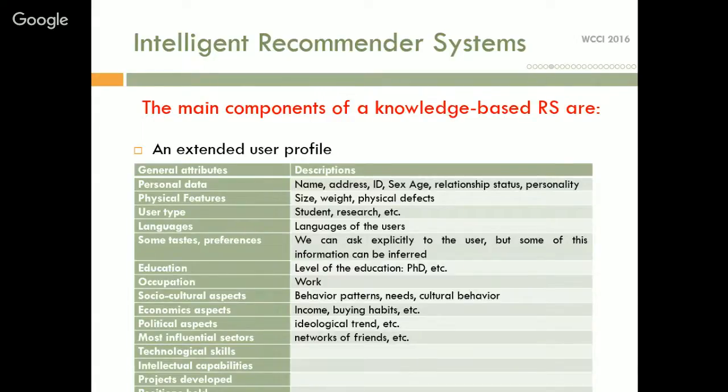One intelligent recommender system needs a very good description of the user. We define different concepts, different attributes to describe the user. Remember that one recommender system needs to define the relationship between the user and the product, in our case, the learning resource. And for that, we need to describe the user profile very well.